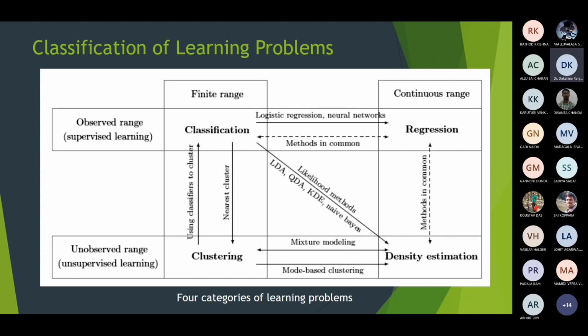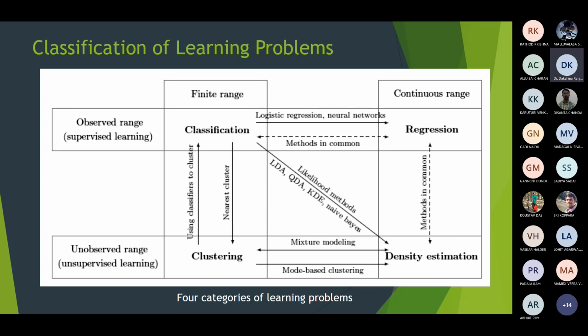And if we consider the observed range or unobserved range, then based on this information, again we can classify the learning problems into two groups. Firstly, we consider the finite range and continuous range. Under the finite range, classification and clustering will come. If we consider the continuous range, then regression and density estimation will come.